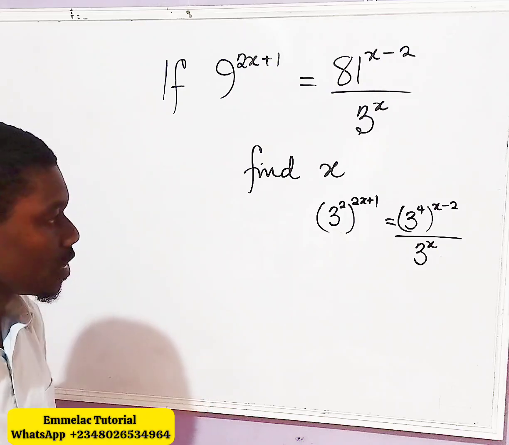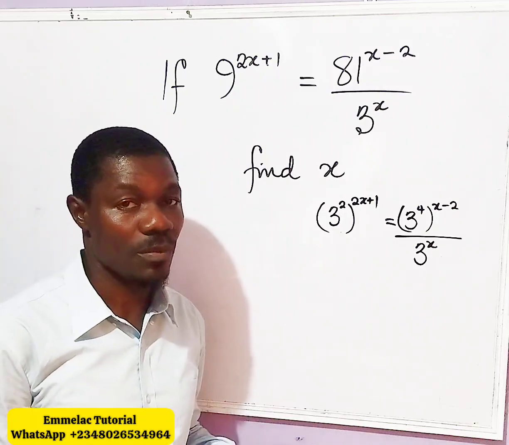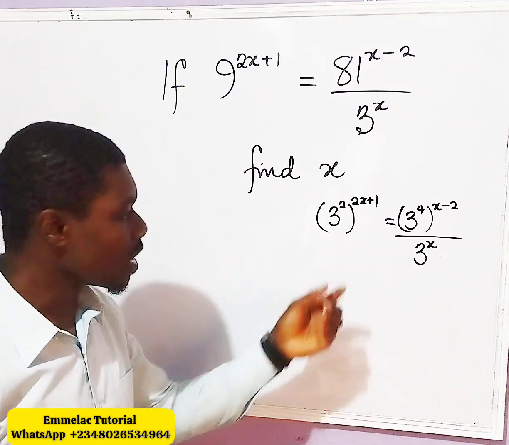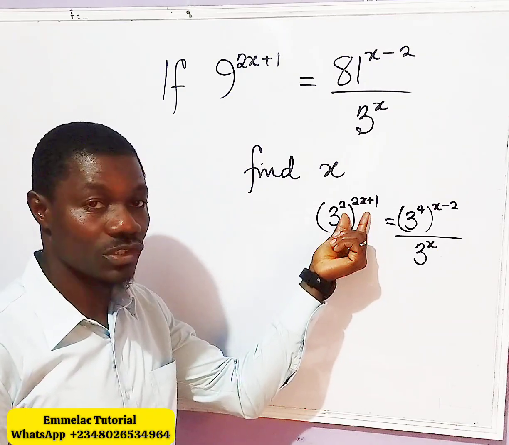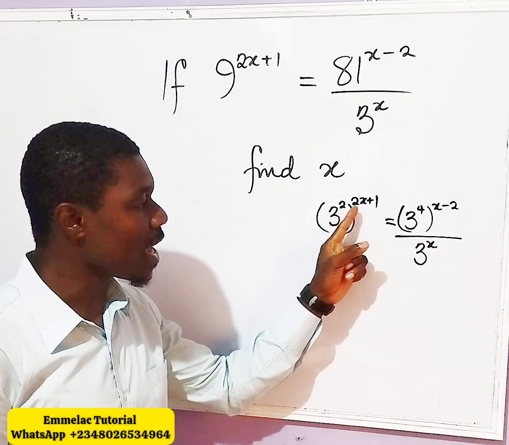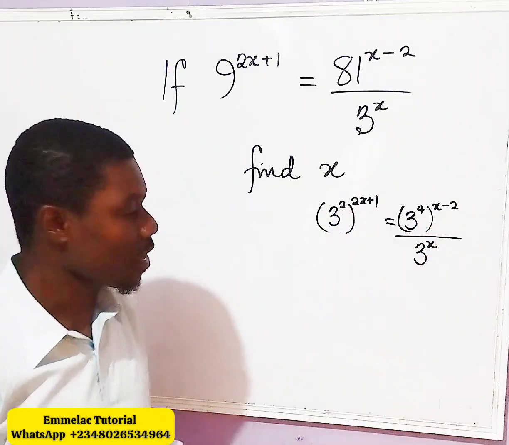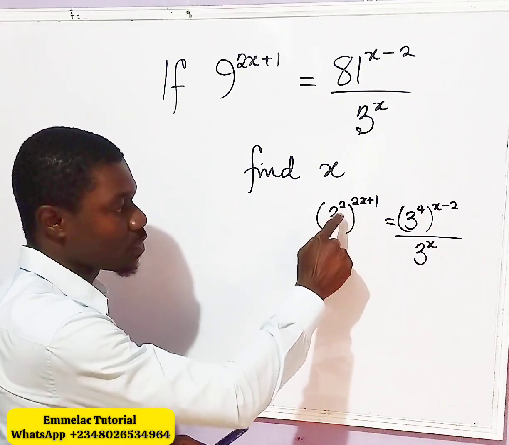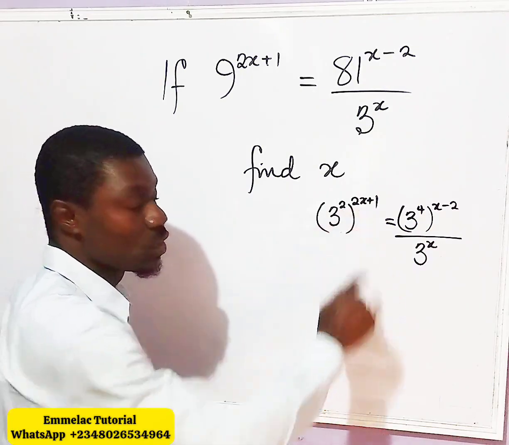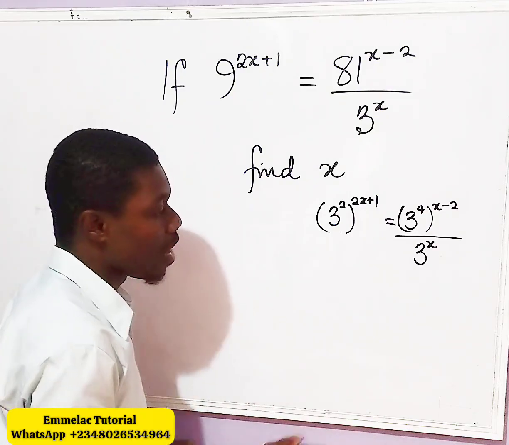Okay, so the next thing we need to look at now is to apply the laws of indices. Whenever you see cases like this, all you need to do is to multiply the two exponents. So in this case, we multiply 2 through 2x plus 1.